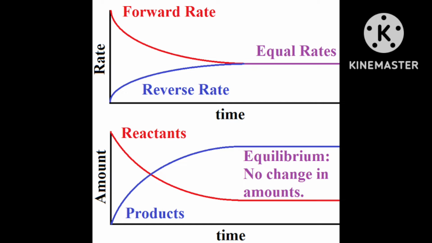With time, the concentrations of A and B will begin to decrease, and after the reaction, they will become constant, and C plus D will form. The concentration of reactants will decrease slowly, and after that the products, C plus D, will begin to form.